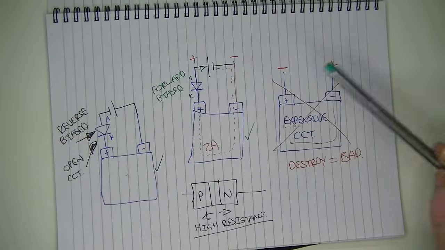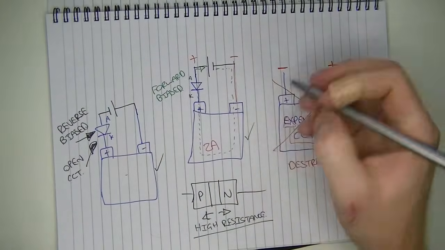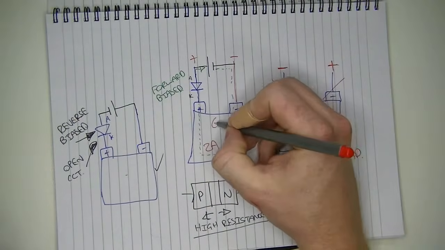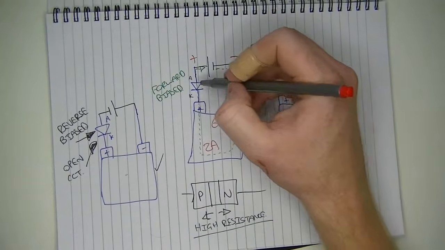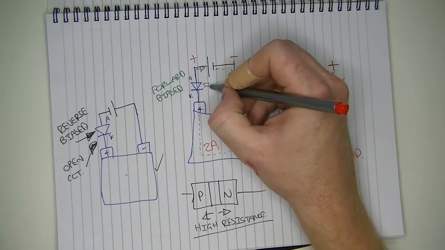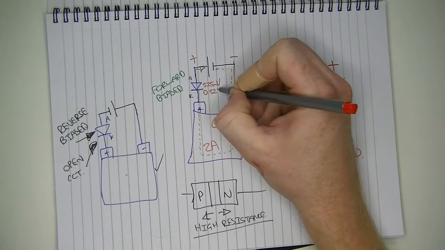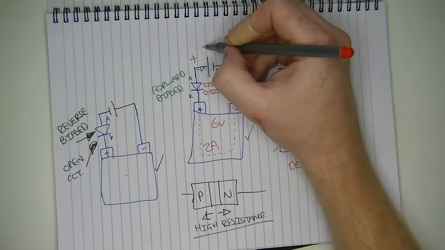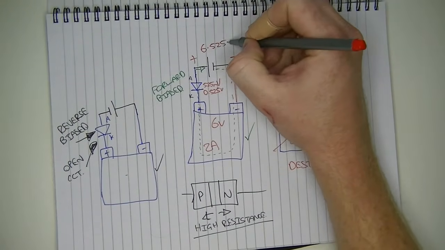You need to take that into account with your circuit, because if your circuit here normally required 6 volts coming in between here and here, you need to take into account that this diode is going to grab 525 millivolts, or 0.525 volts. Therefore, you need to make sure that your power supply coming in is at least 6.525 volts.